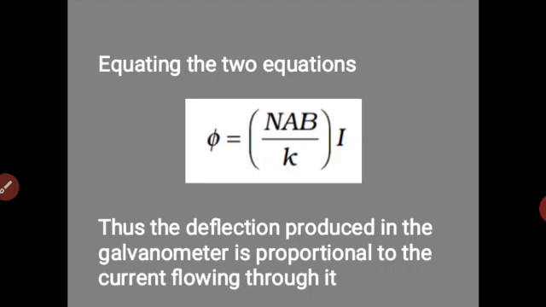So this is how a moving coil galvanometer works and gives us the result. The scale is calibrated for the amount of current flowing through the coil. Thus, phi proportional to I gives us the value of current, and we are able to read the value of current using a galvanometer. So that's all for this video.